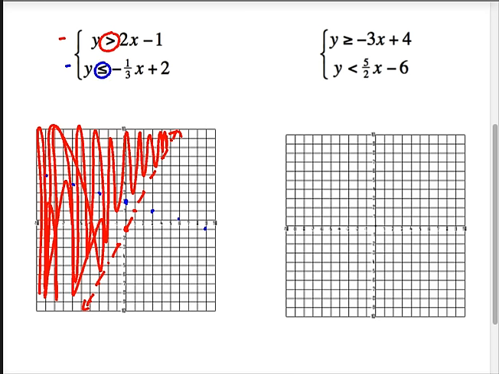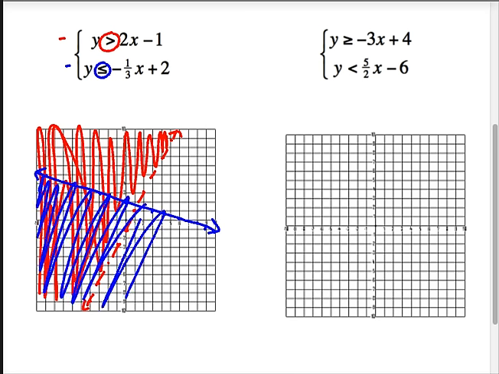And let's interpret my inequality. Less than or equal to means I'm looking at a solid line, and less than means I'm shading below my line. So I'm shading down here.